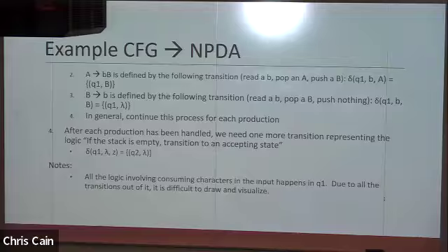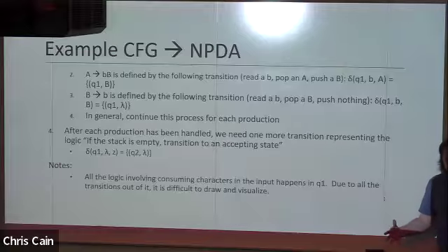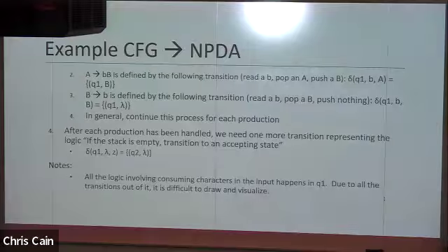And that very quickly scales into something that's difficult to visualize. So because of that, it's very useful to group the like transitions and write them as a series of written transitions instead of something that is a state machine. It's nice to be able to visualize it, but it's not always possible, especially for larger grammars.